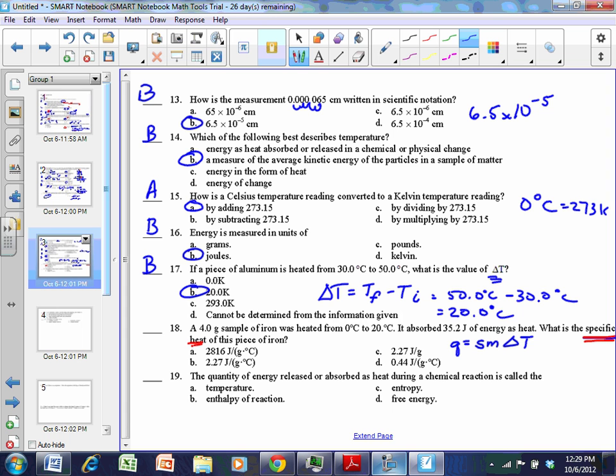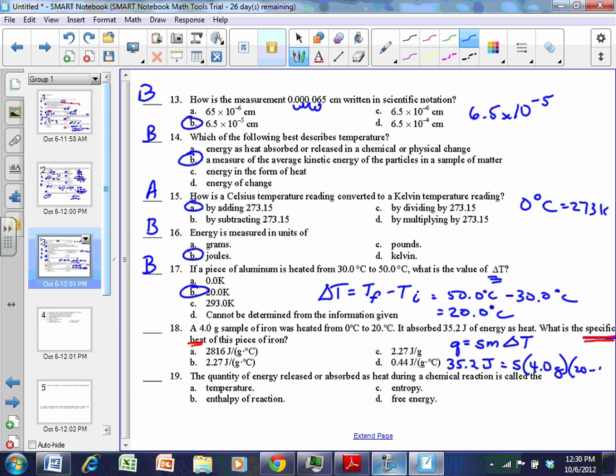It absorbed 35.2 joules. That's the heat. So 35.2 joules is equal to the specific heat times the mass, 4 grams, times delta T. It heated from 0 to 20, so the temperature increase was a positive 20, so it's 20 minus 0.